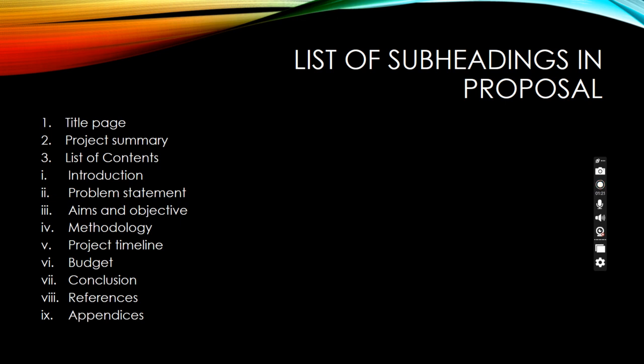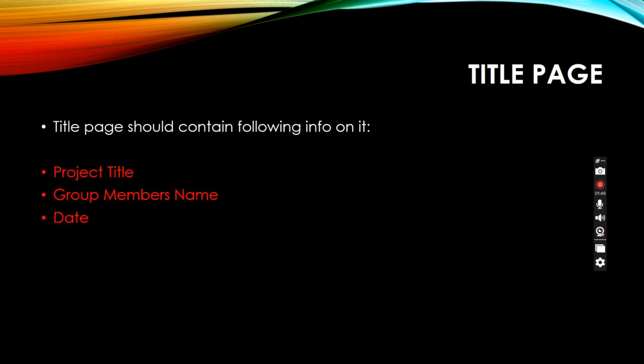The list of content should include all these mentioned subheadings: introduction, problem statement, aims and objectives, methodology, project timeline, budget, conclusion, references, appendices. All these subheadings will come under the list of content. One thing to keep in mind is that this should be the order of all the subheadings.